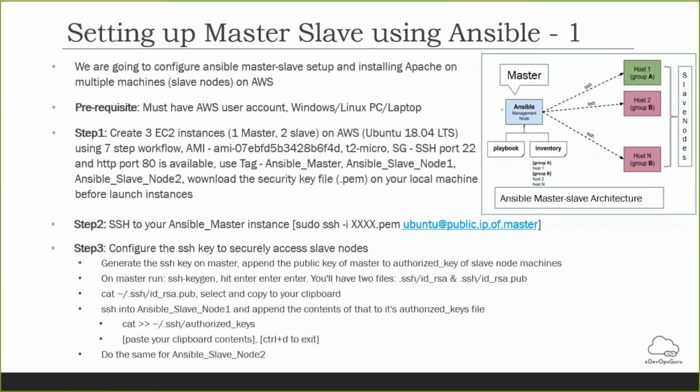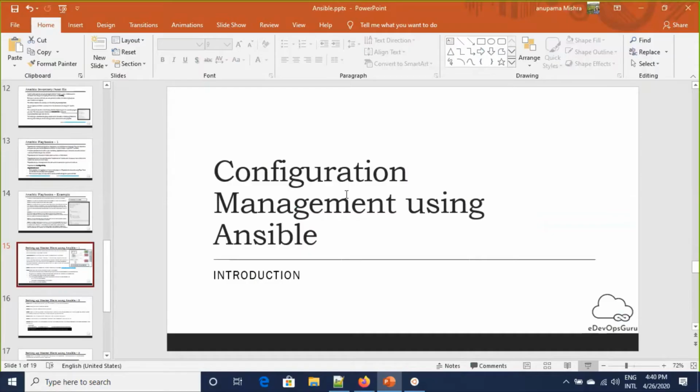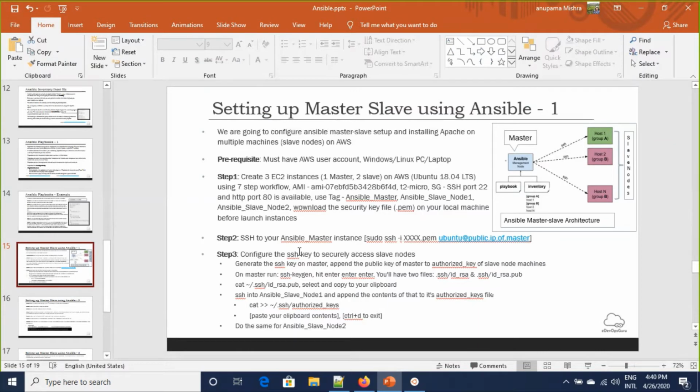So let's do a hands-on of how to configure Ansible and how to configure your master and slave nodes. We will run an Apache server in the node machine by using the playbook. I'm using AWS EC2 instances for the master and slave machines. What we will follow: we'll first create three instances, one master and two slave nodes.